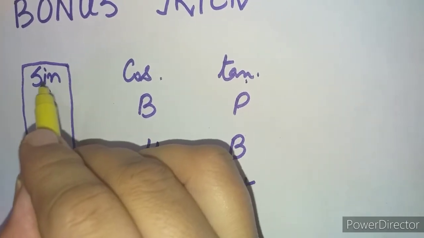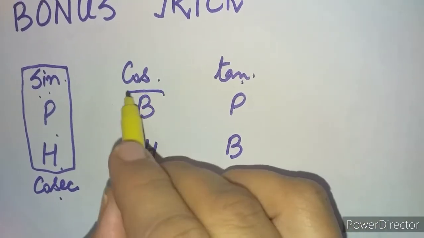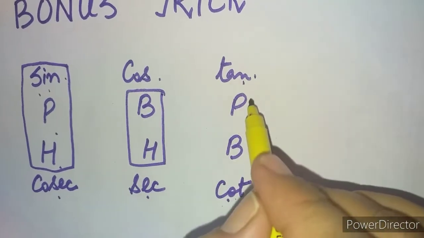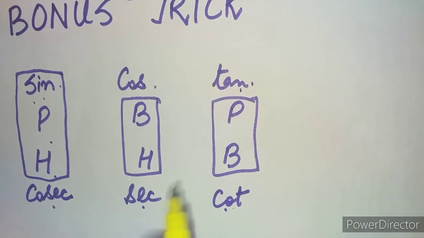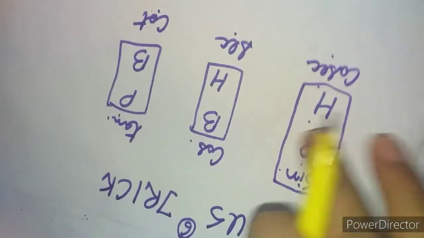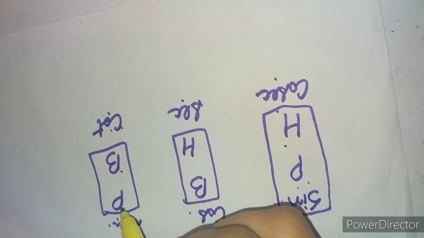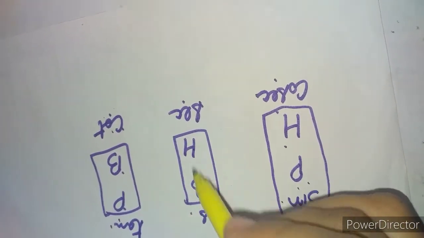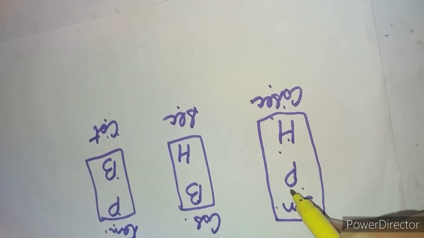Okay, the formula of sine is perpendicular upon hypotenuse, formula of cos is base upon hypotenuse, and tan is perpendicular upon base, right? And if you reverse it, you can very well see the formula of cot. Cot is equal to base upon perpendicular, secant is hypotenuse upon base, and cosecant is hypotenuse upon perpendicular, right?